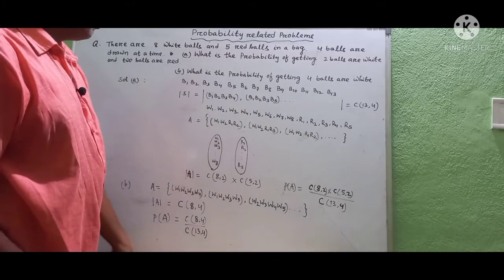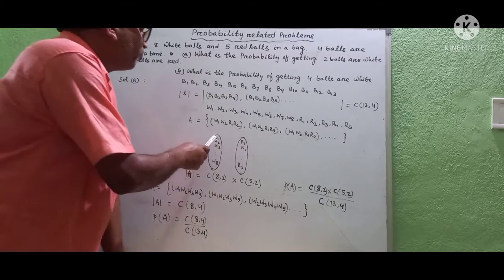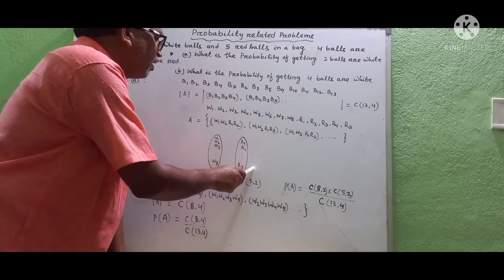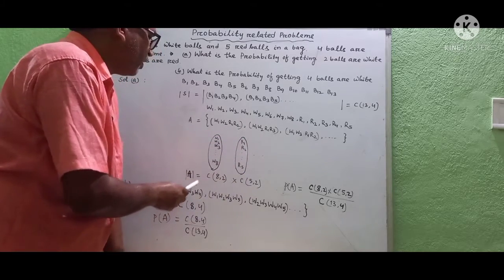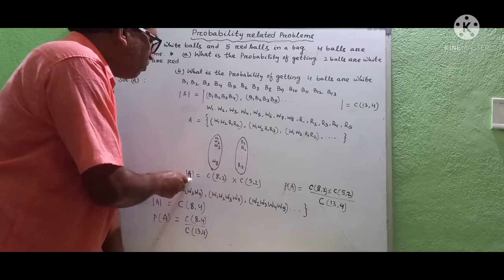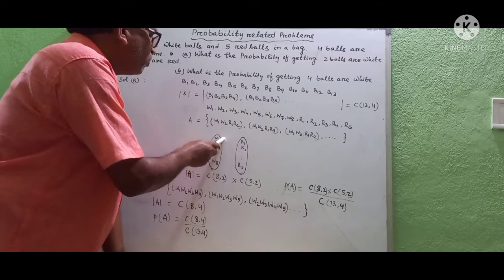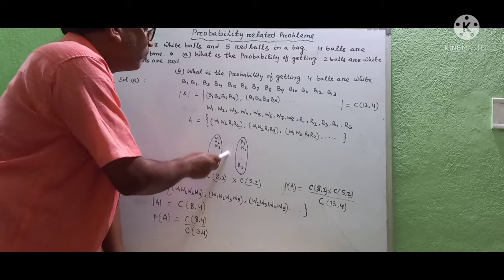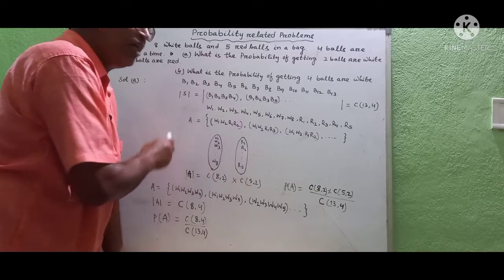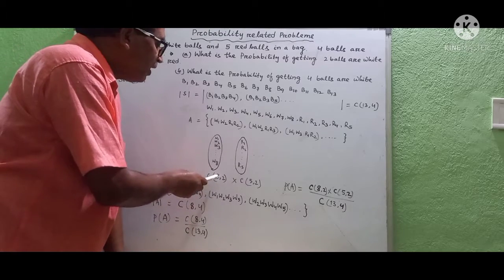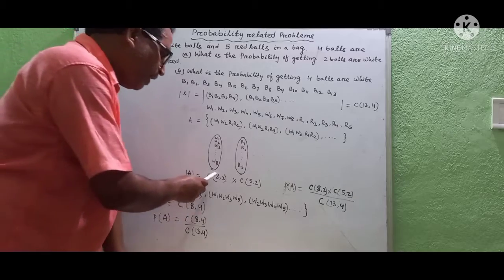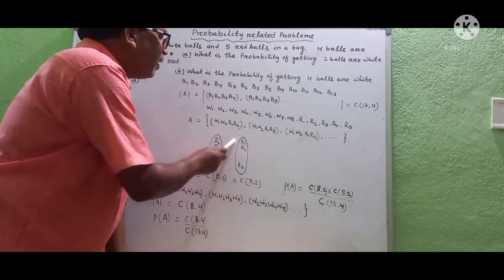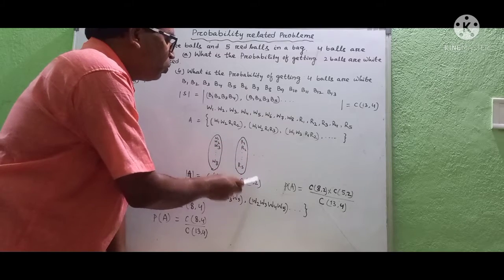In the concept of combination, you see here 8 white balls, here 5 red balls. So the cardinality of A will be C8,2. Out of 8 white balls, you will have to choose 2 balls. In how many ways? That is C8,2. Out of 5 red balls, you will have to choose 2 balls.